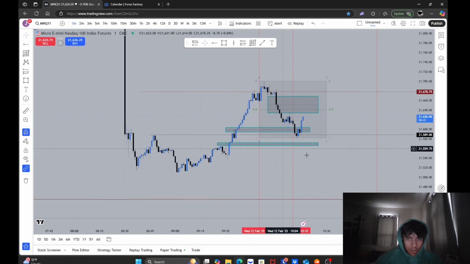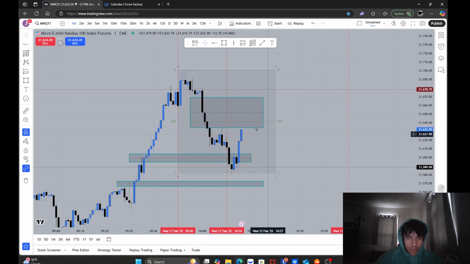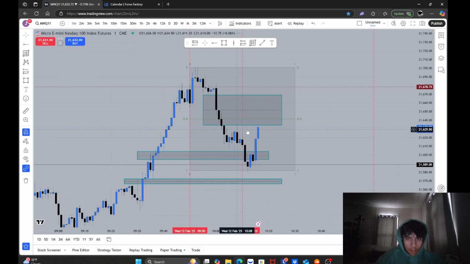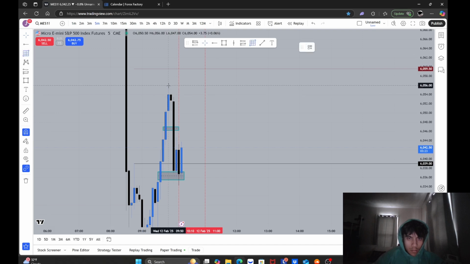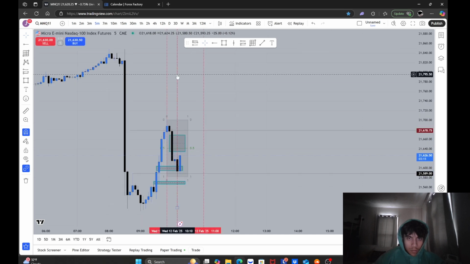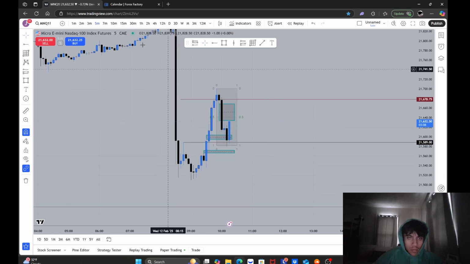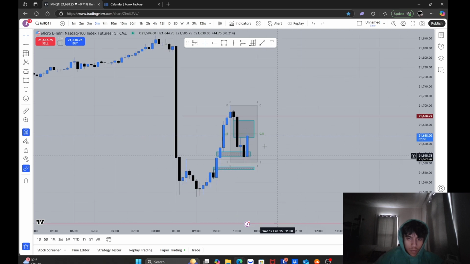Nah, I'm gonna wait it out before I enter. Let's see how it reacts here though. I'm pretty curious. I'm gonna delete these two. I don't like having too much stuff on my chart. Nice and simple. Let's see if it retraces back to this inverse fair value gap.